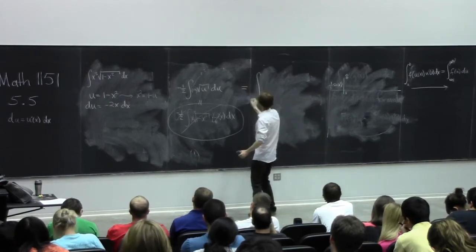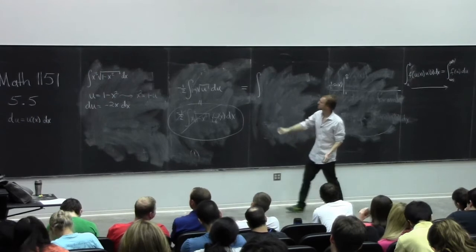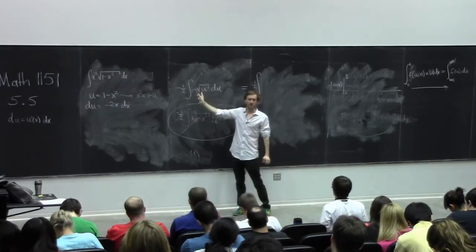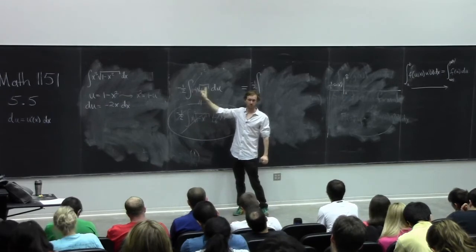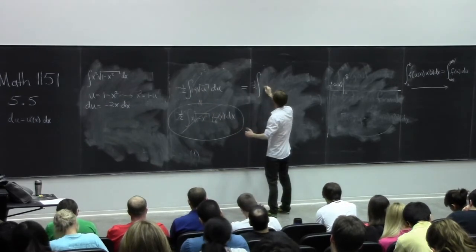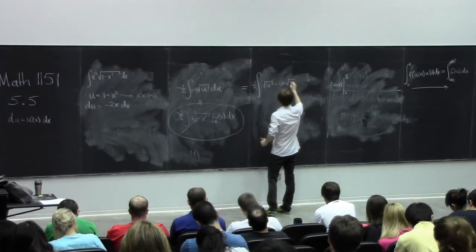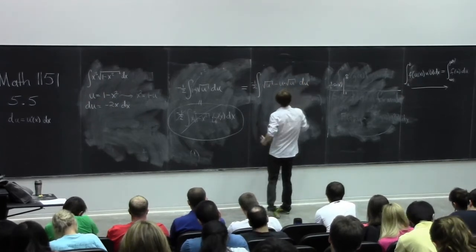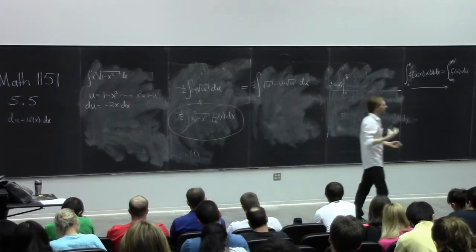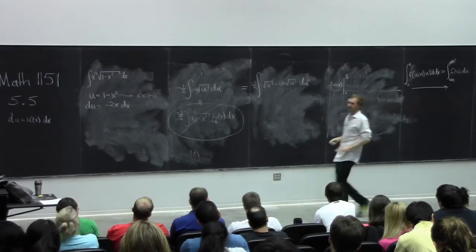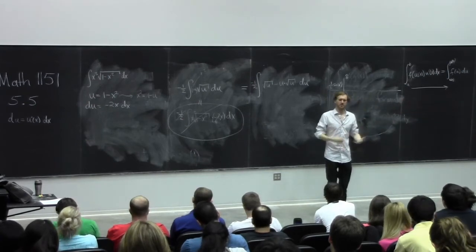So now, here we go. What's this? This is equal to minus 1/2. I can distribute here, right? So it's going to be the square root of u minus u times the square root of u, du. What can we do now to make our life a little easier?